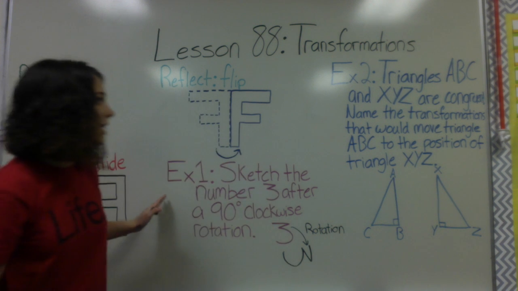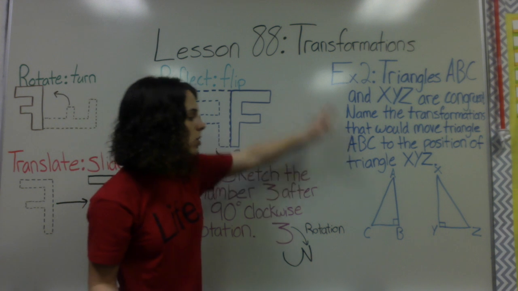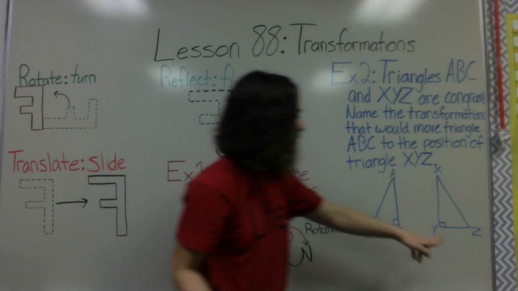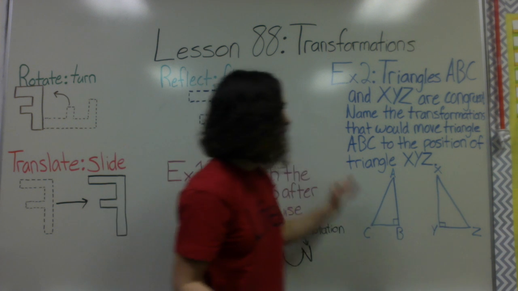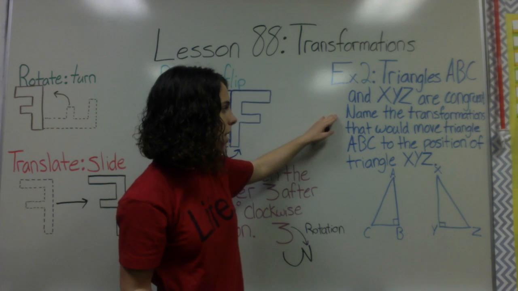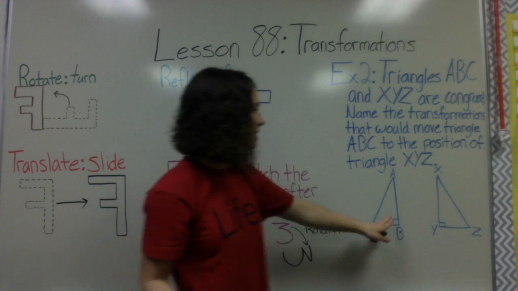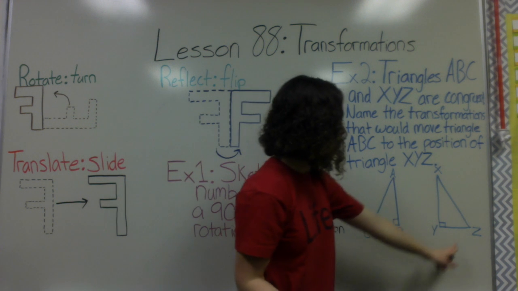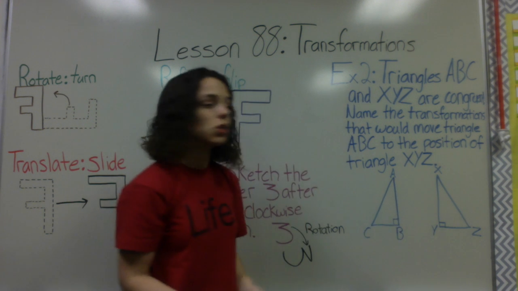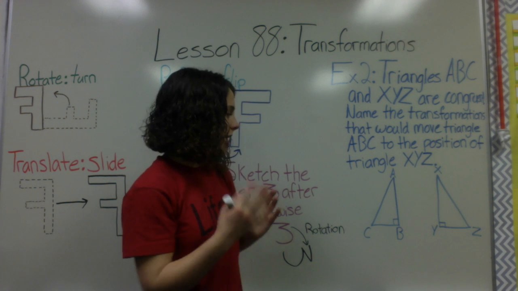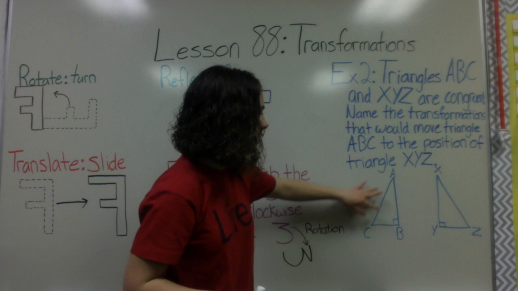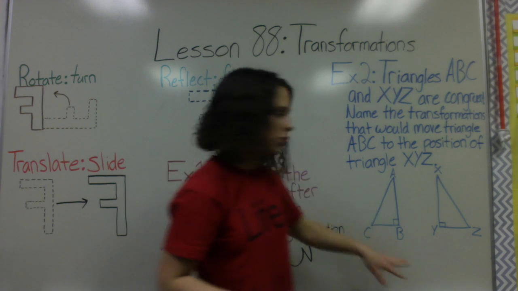All right, so looking at example 2, it says triangles ABC and XYZ are congruent, meaning it's the same shape and same size. Name the transformations that would move triangle ABC to the position of triangle XYZ. So it says transformations. There is more than one change that occurs between this triangle being here and this triangle being here.